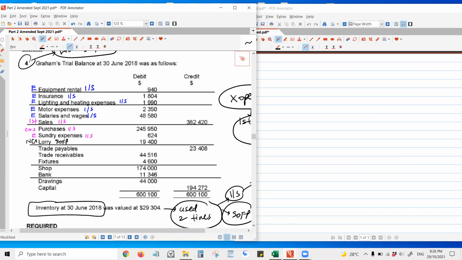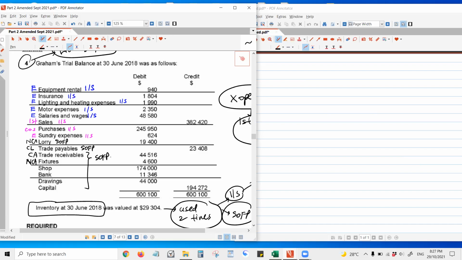Trade payables, SOFP, current liability. Current asset, NCA. Remember fixtures? I've explained it in part 1. If your eyes are sharp and fast, you can also do something like this. All these belong to SOFP.